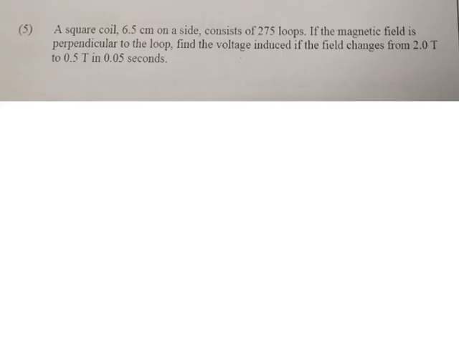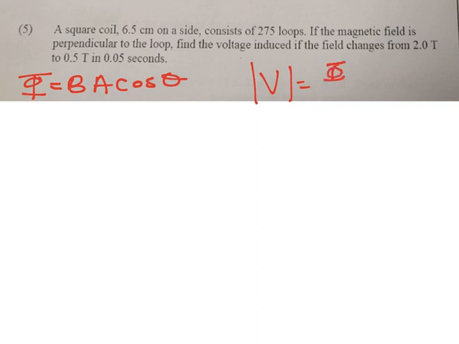So number 1 and 3 broke it up piecewise, but 5 is just all of it all at once. You will absolutely need both of these equations and this one to find your voltage. So first off, you will need to do this twice, depending on how you do it.